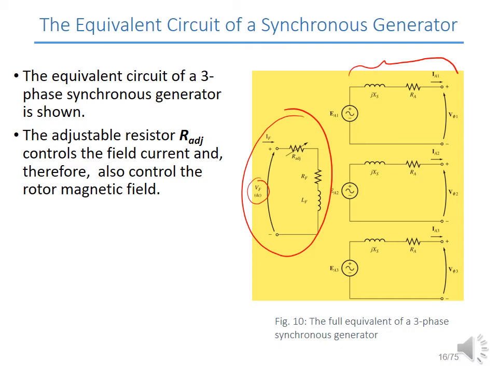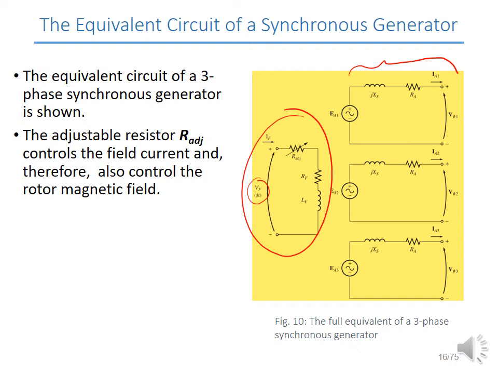The adjustable R allows us to control the field current. By changing the value of this resistance, we can change the field current, and therefore we can also adjust or control the rotor's magnetic field.